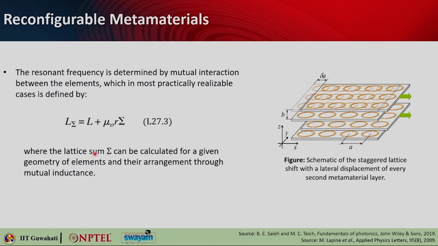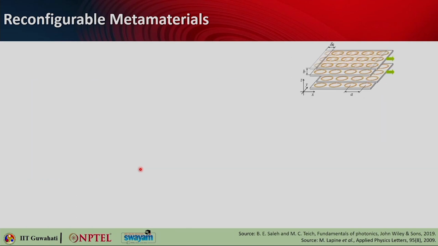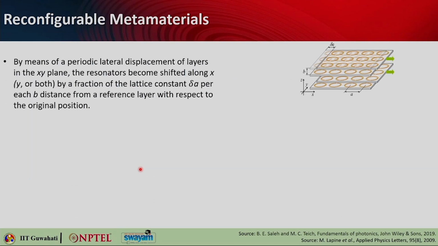This sigma is the lattice sum that tells you the sum over all the lattice points on which these elements are present. The lattice sum sigma can be calculated for a given geometry of elements and their arrangement through the mutual inductance. So, that gives you a way to calculate the permeability.